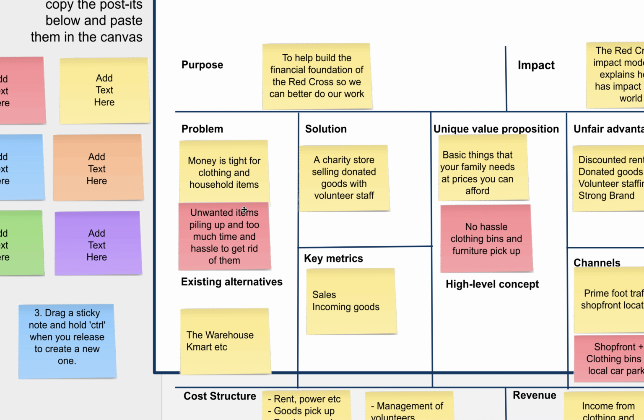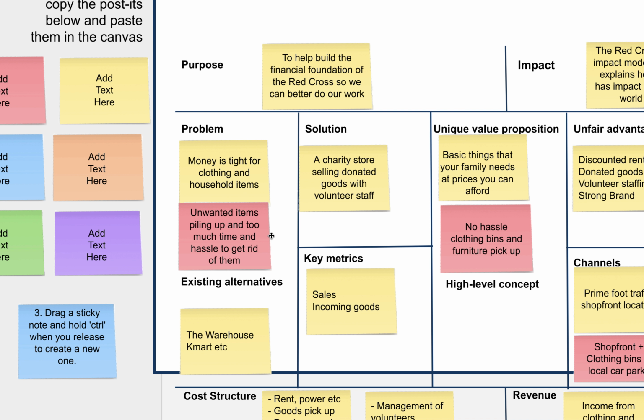And so in yellow for our shopping customer, money is tight for clothing and household items. So it's just that. Basically, you need to buy stuff, money is tight. For the donating customer, unwanted items piling up and too much time and hassle to get rid of them. So that idea that people have valuable things, but they don't have time or the inclination to sell them on Trade Me.